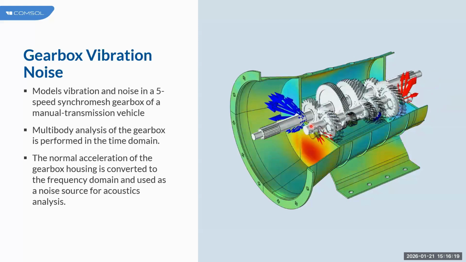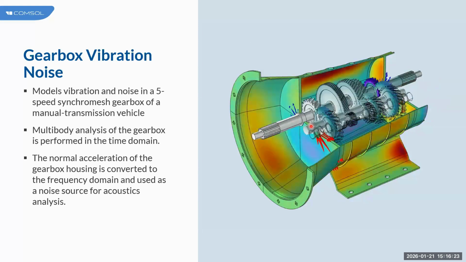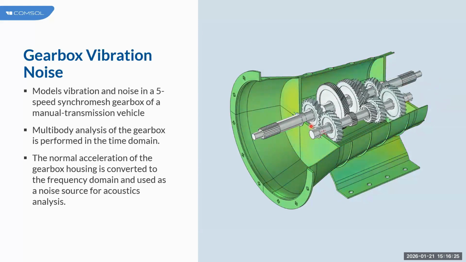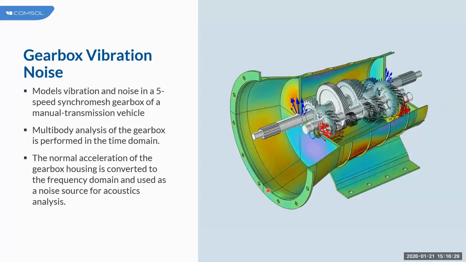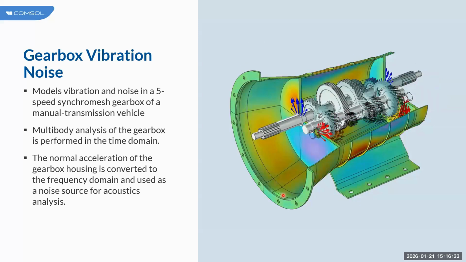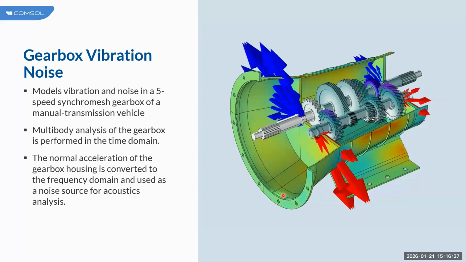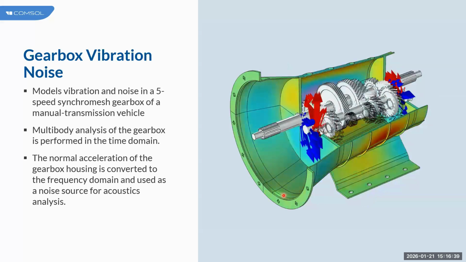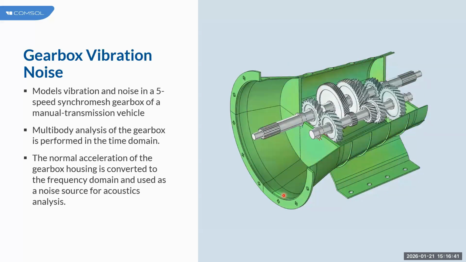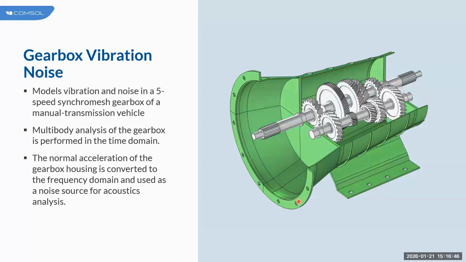This is performed at different specified engine speeds, and the output torque is analyzed in the time domain. Further, the normal acceleration of the gearbox housing is converted to the frequency domain, and that is used as a noise source for your acoustic analysis. For the acoustic analysis, we compute the sound pressure level outside the gearbox for a wide range of frequencies, using normal acceleration on the housing of this gearbox as the source of noise.